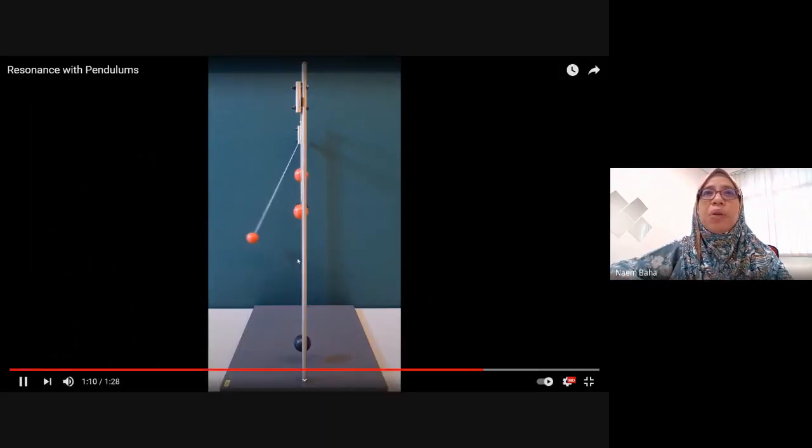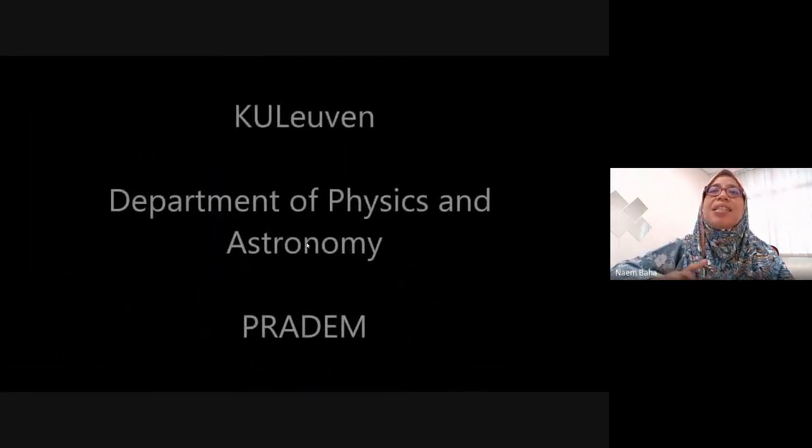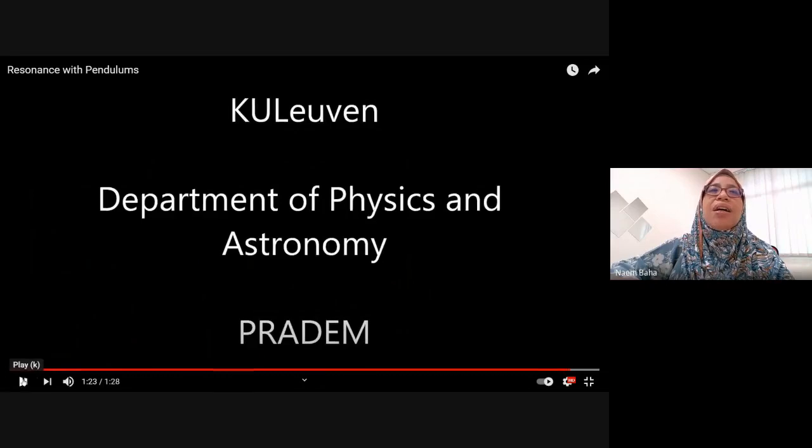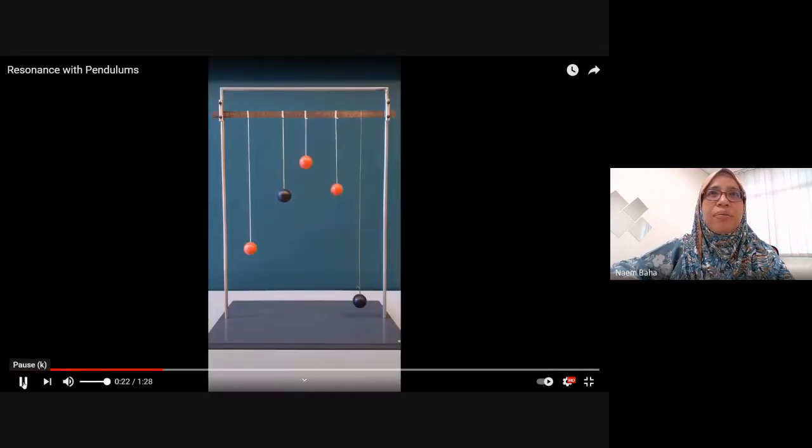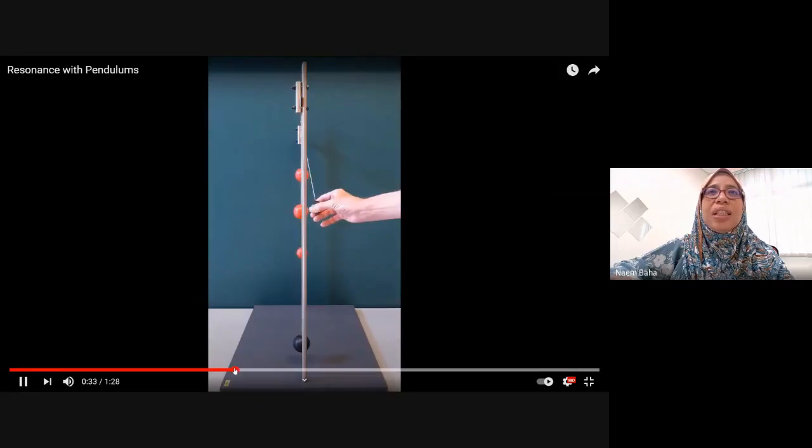So this experiment continued. Notice that none oscillate at the same larger amplitude, because none has the same length. Both have the same length, and you will notice that resonance is occurring.